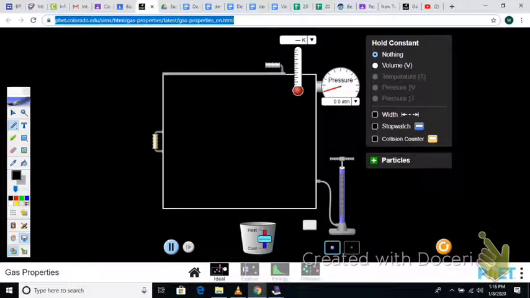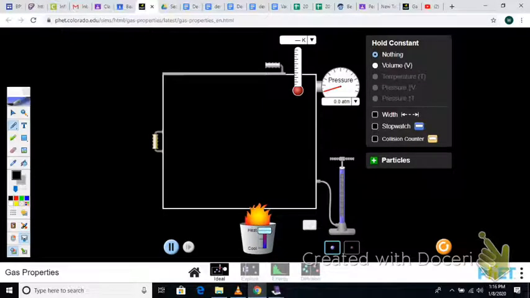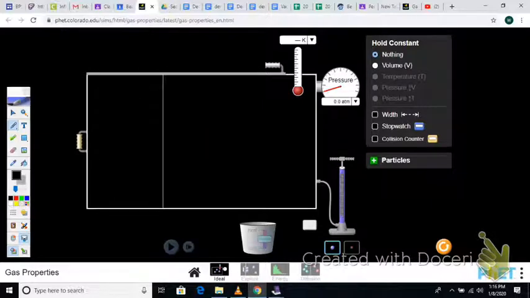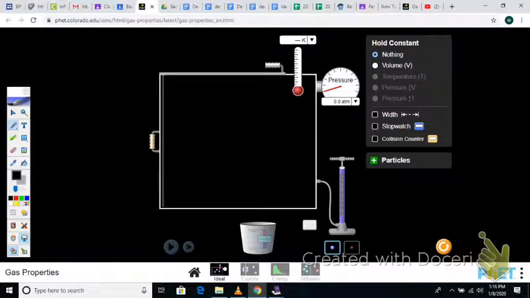And so what you're going to do, this adds heat. This cools it down. This allows you to decrease the volume. This causes you to increase the volume. The temperature will show here when you add heat or cool down.